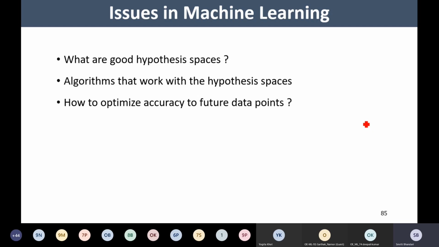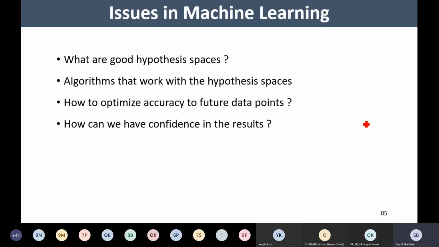Also, we need to think of optimizing the accuracy so that we can generalize our model and it will predict future data points with maximum accuracy. So we need to think of several ways to maximize the accuracy of our model. Also, we need to think of how we can have confidence in the result.